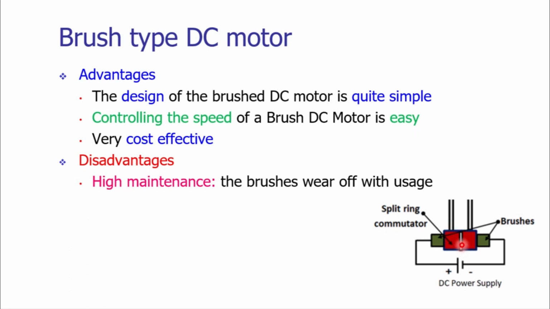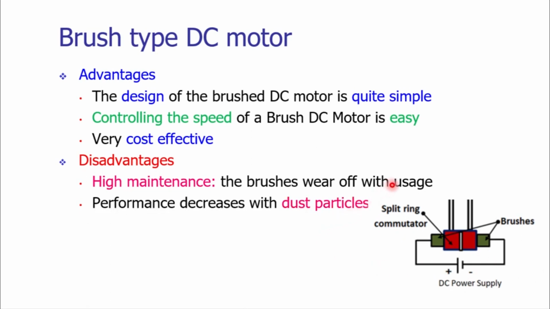When the brushes are moving in relation with the split ring commutator, there is arcing and friction, and due to this friction and arcing, the brushes get worn out with continuous usage, and that may lead to noise and malfunctioning of the DC motor. Sometimes there will be breakdown of the DC motor as well.